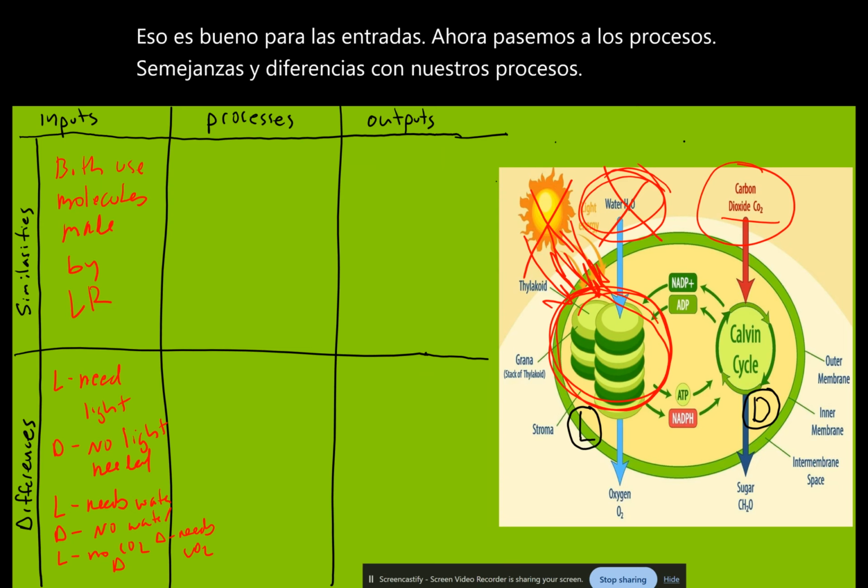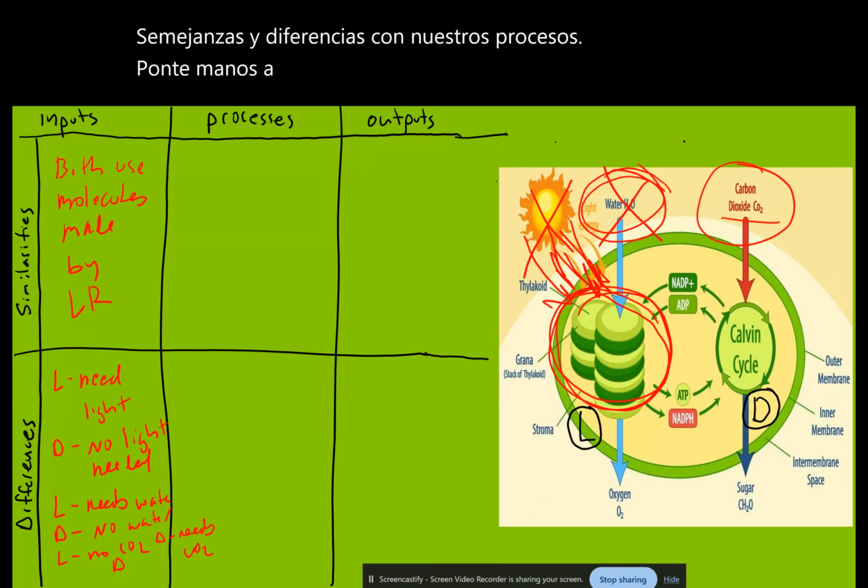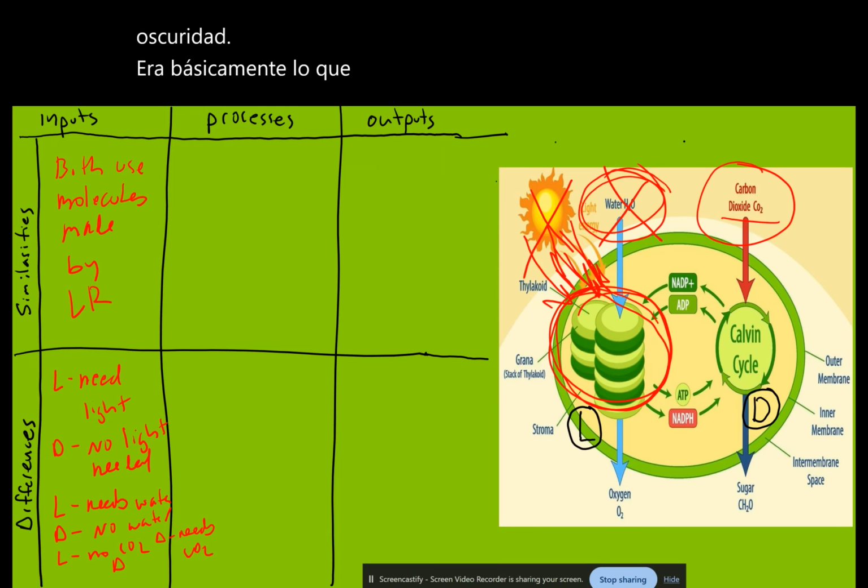Brittany, so what can you tell me about the processes that maybe they're different or they share, the light and the dark reactions? Basically what's going on? In general, what's happening in either one of those?